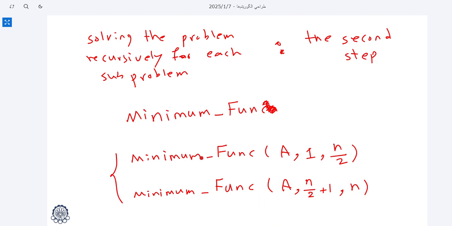So if we do these function calls, the problem is solved for the subproblems. The first call solves the problem for the first subproblem, and the second function call solves the problem for the second subproblem. Okay.